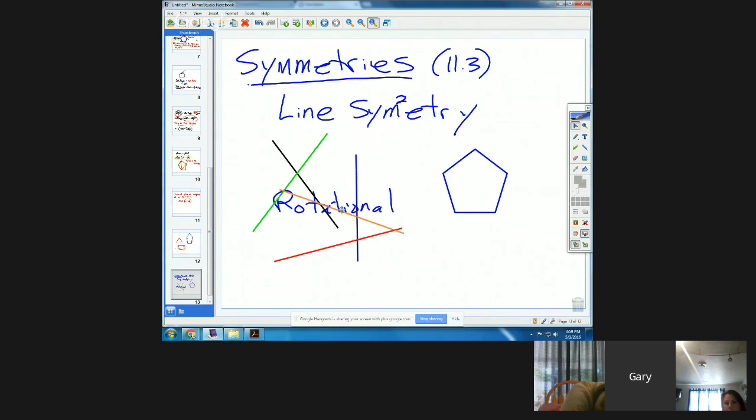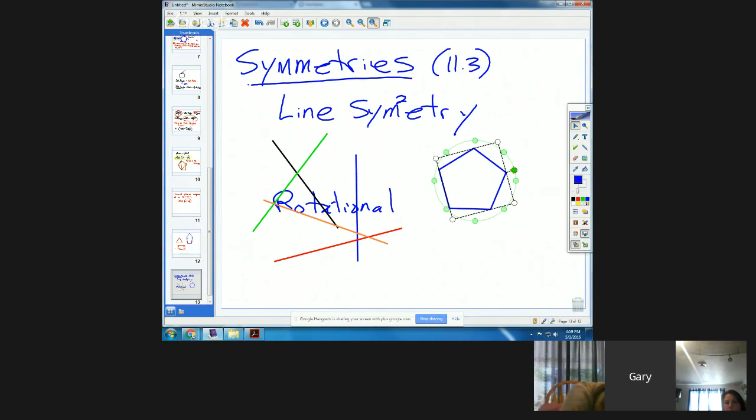And often lines of symmetry are going to go hand in hand with rotational symmetry. So for this figure right here, if I rotate it a certain amount, it should look the same as it did before.